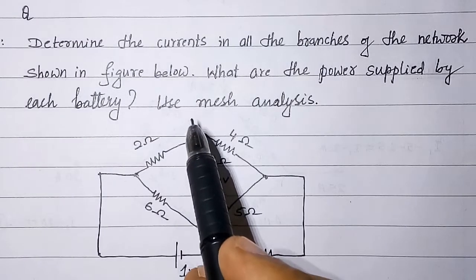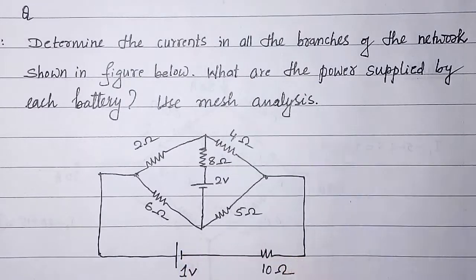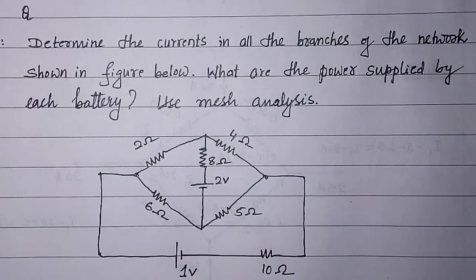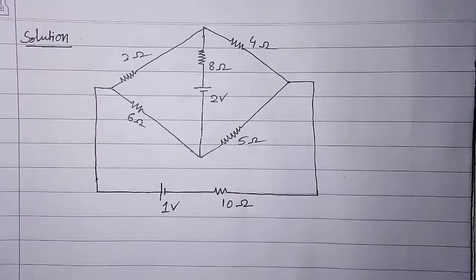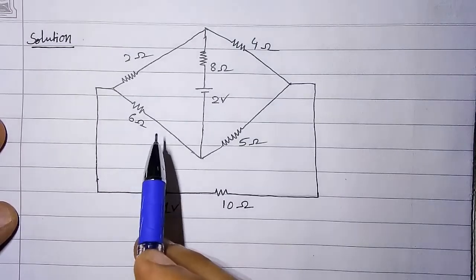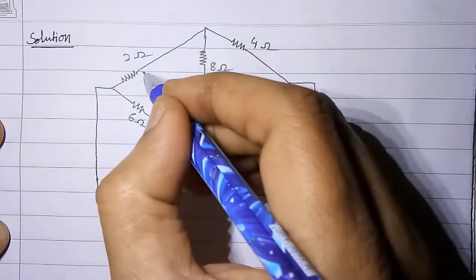And to determine the branch currents, we have to make use of mesh analysis method. So write solution and redraw the circuit once again. Now I have redrawn the circuit here. We will mark first mesh currents in clockwise direction.